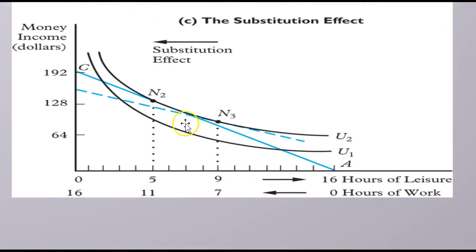Okay, so that's your income effect. To find your substitution effect, remember that your total effect, TE, is going to equal the income effect plus the substitution effect.